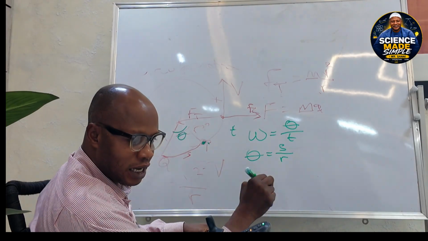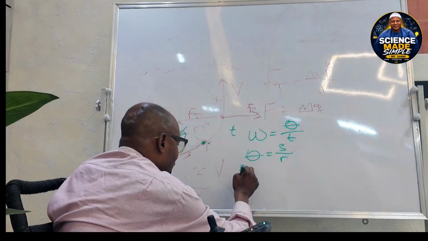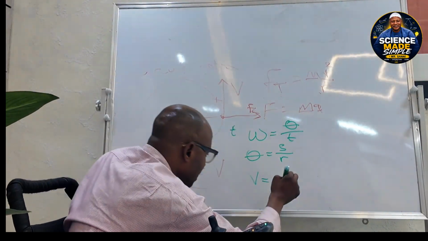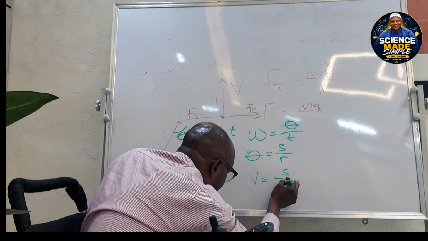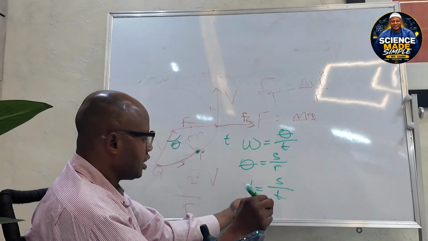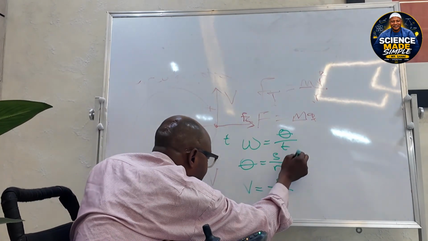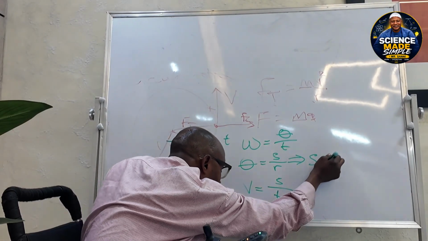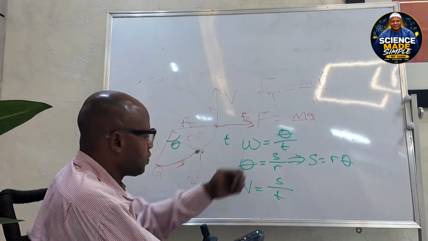From our conventional linear motion, our velocity is equal to distance over time. Our velocity is equal to displacement or distance over time. But from here, we can see that our S is equal to R theta from this expression.